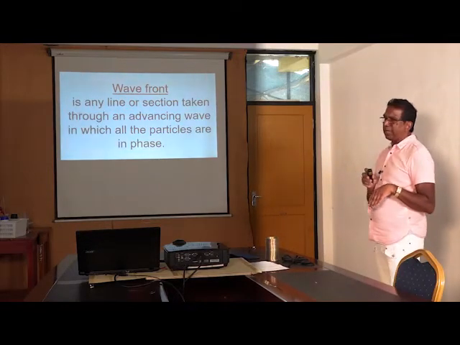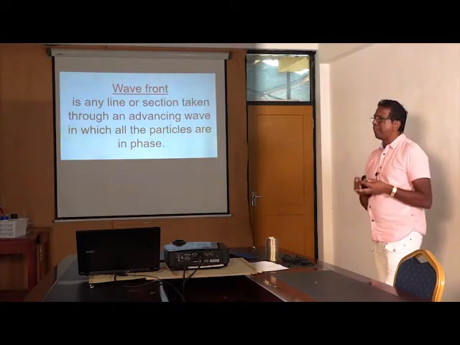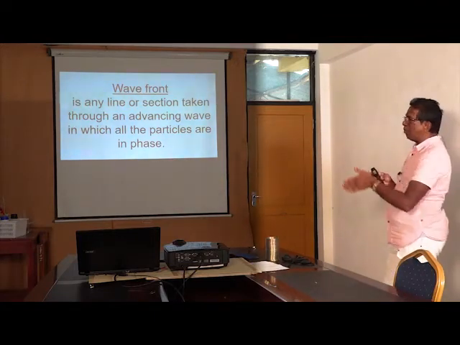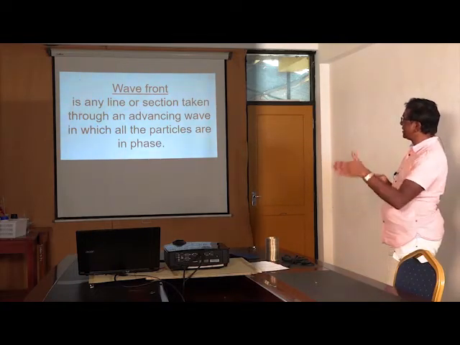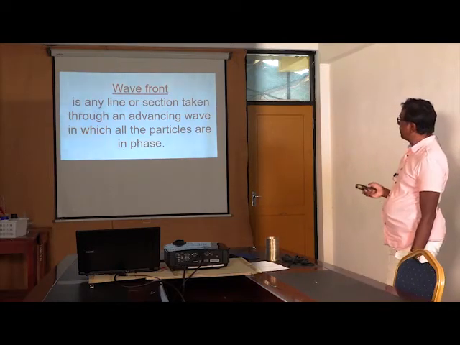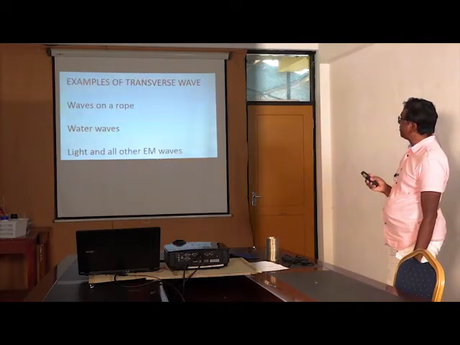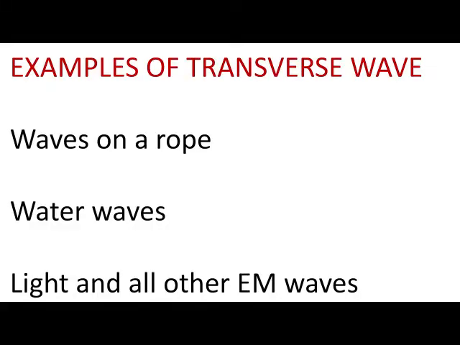And the wavefront, like in water waves, you can see the waves moving. It is an imaginary line through an advancing wave, where all the particles are in phase. Now, examples of transverse wave.